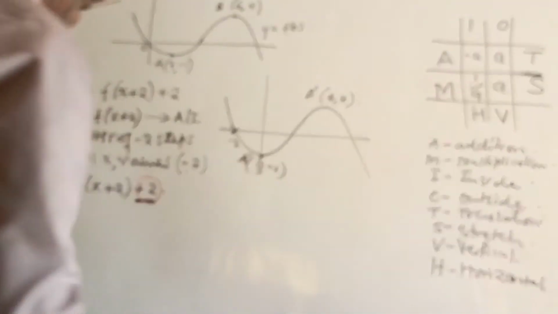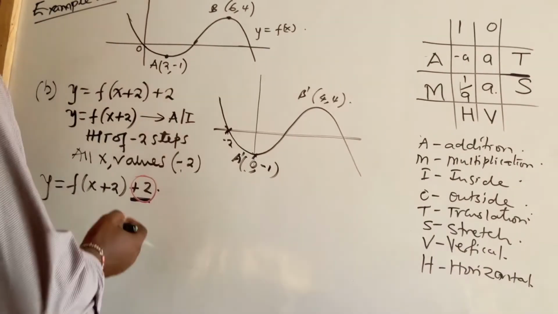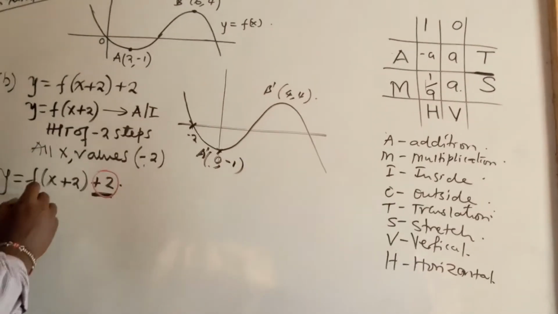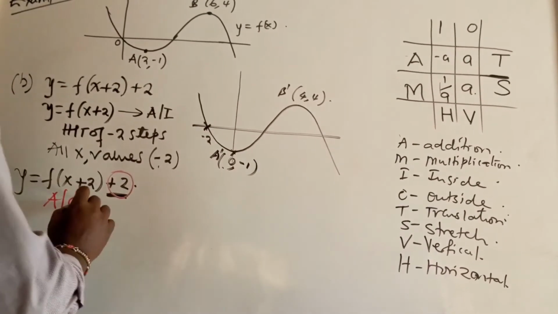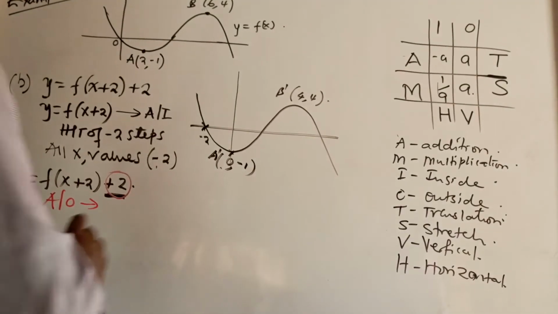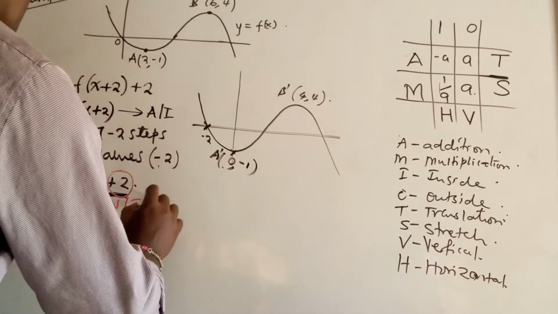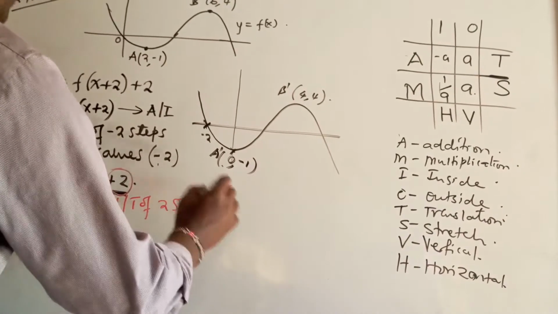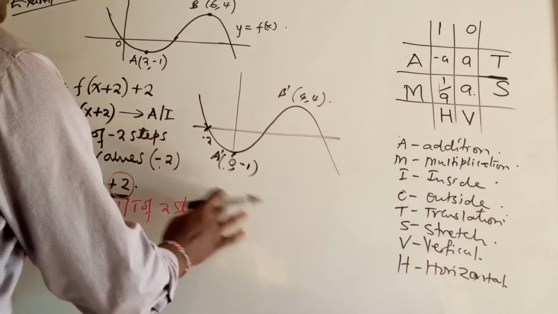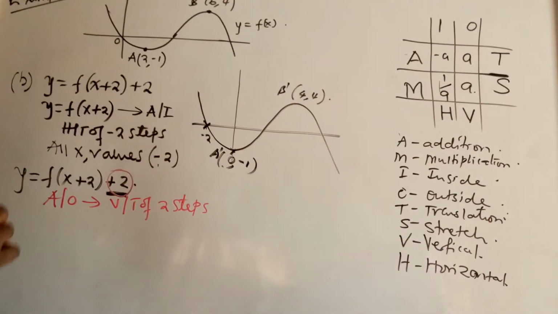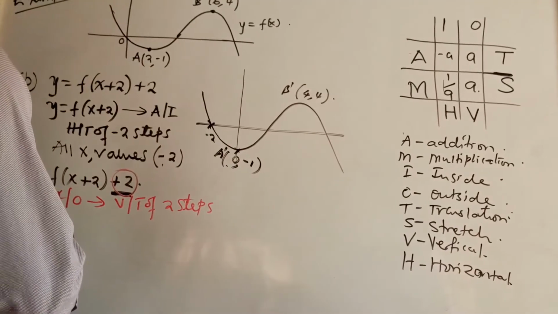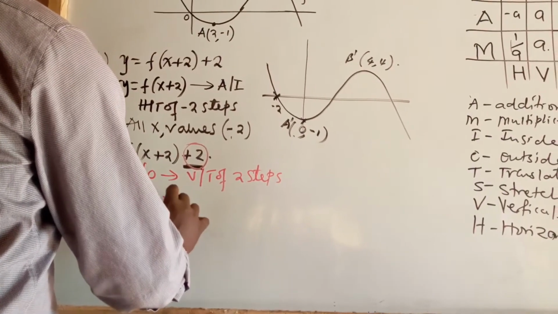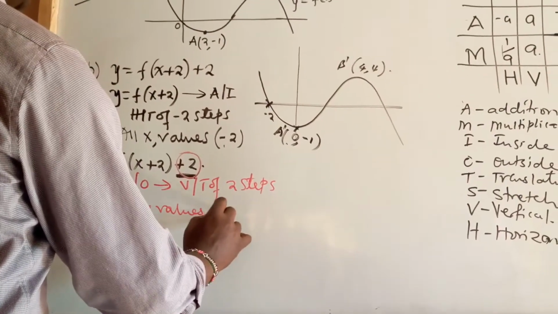What we are really saying is that this is addition outside, which is vertical translation of 2 steps. Remember, translation is a vector. Specifically, this means that to all y values we add 2.